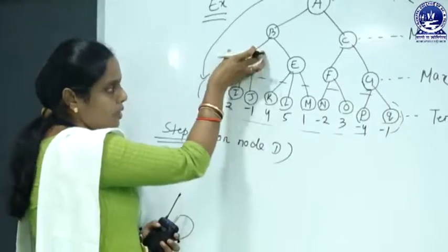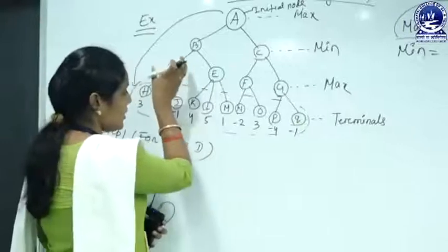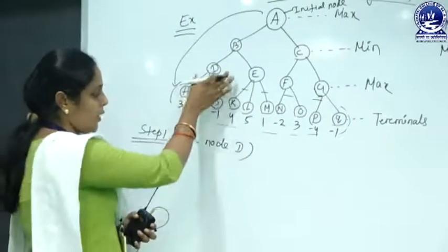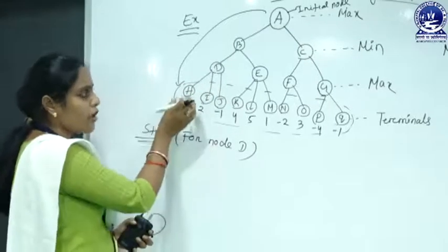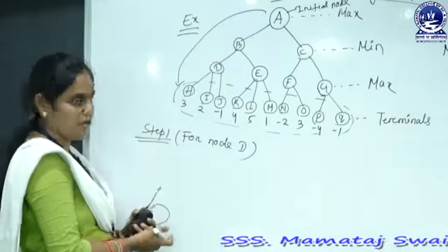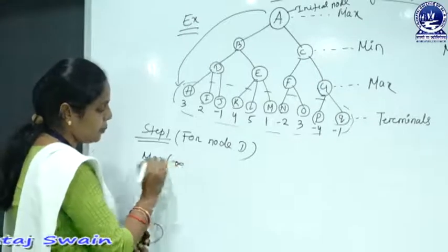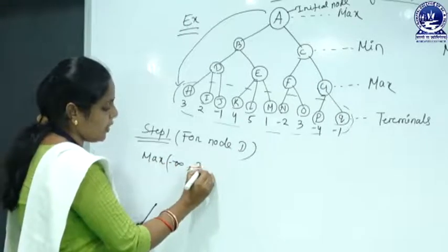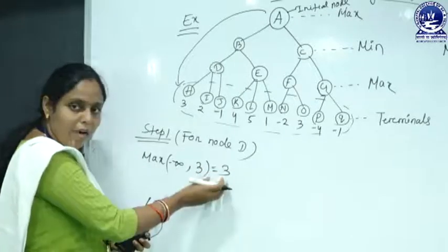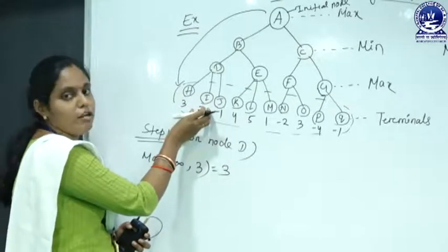here for this node we have to calculate the maximized utility value, and this node is at the maximized level. That means for node D, first of all we check this terminal value with the initial value of the maximizer. Now we check max between minus infinity and 3. Here the maximum value is 3. Now again this value is compared with the next terminal value.